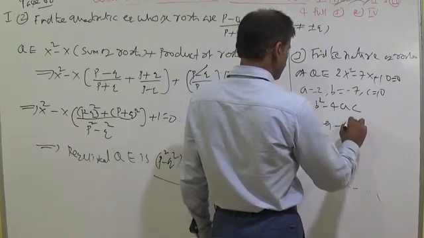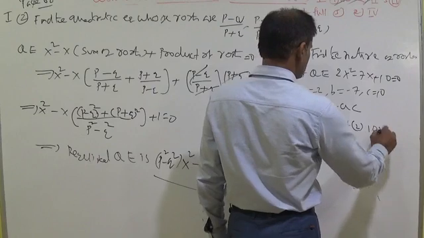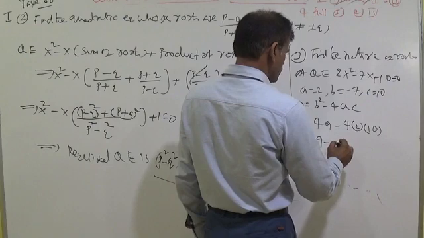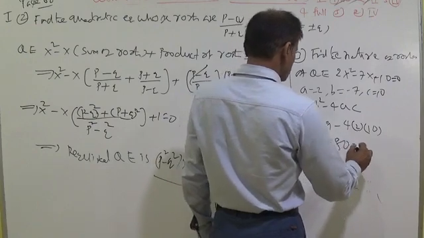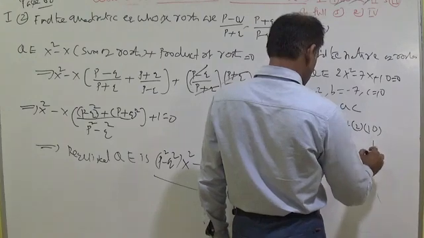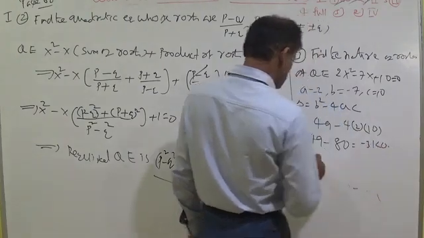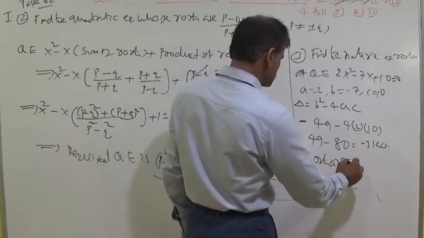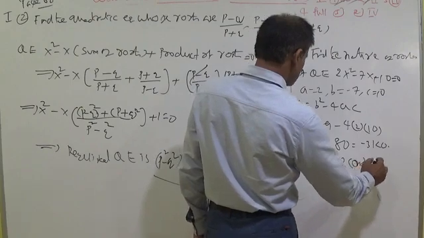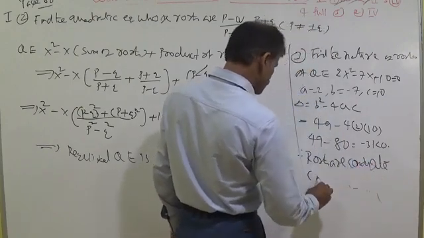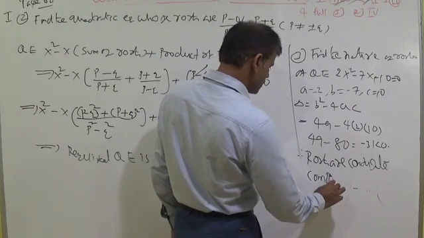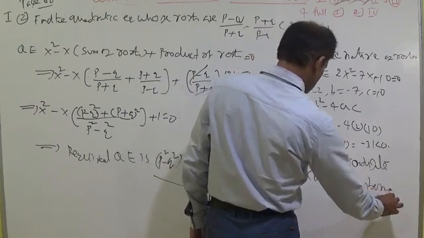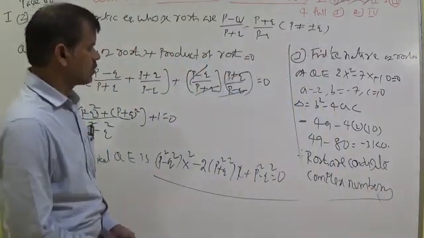So b square means here 49 minus 4 into 2 into 10. 49 minus, 4 2s are 8, 10s are 80. So minus 31, less than 0. Therefore you can write roots are complex numbers or conjugate complex numbers, or imaginary. This is the nature of the roots.